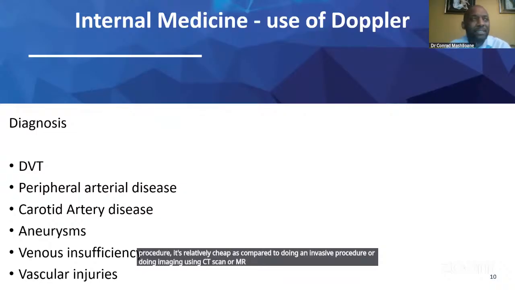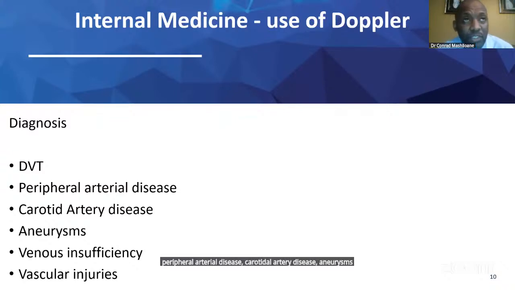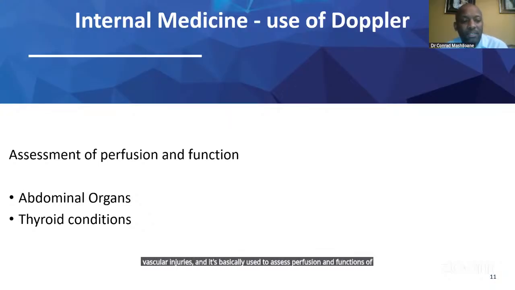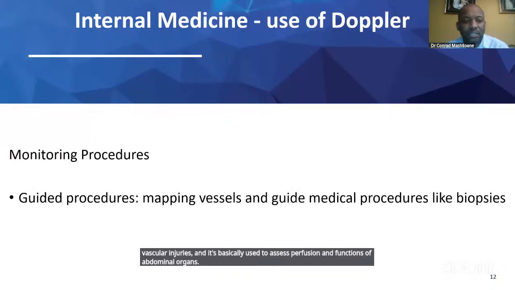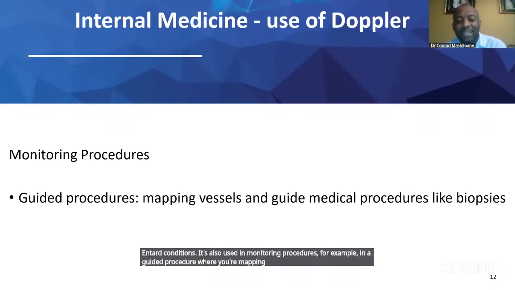And in internal medicine, it's got a wide array of uses, including deep vein thrombosis, peripheral arterial disease, carotid artery disease, aneurysms, venous insufficiency, vascular injuries. And it's basically used to assess perfusion and function of abdominal organs and thyroid conditions. It's also used in monitoring procedures, for example, in a guided procedure where you're mapping vessels and guiding a medical procedure like a biopsy.